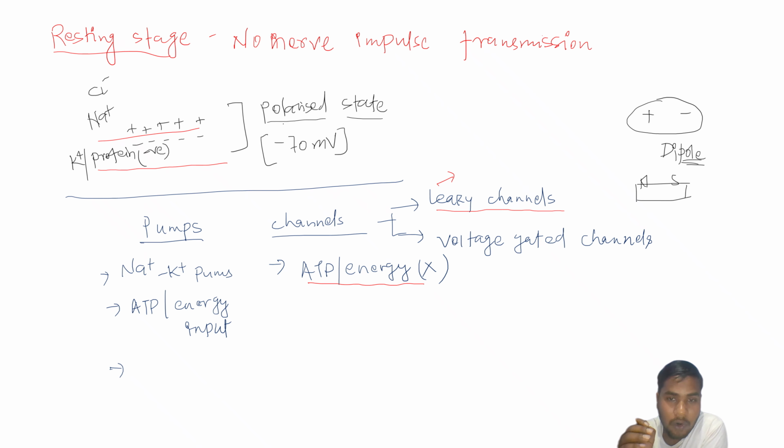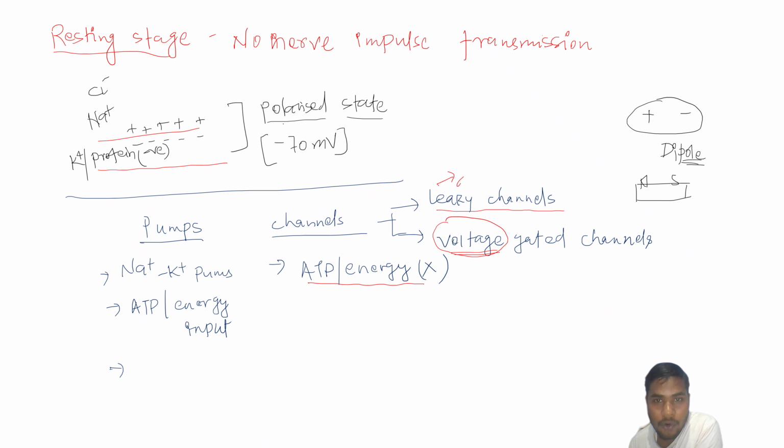Also, there are some special channels which are not always open, but when the membrane potential is changed, at that time some of the channels open. Since they open under the influence of membrane potential change, that's why they are known as voltage gated channels.